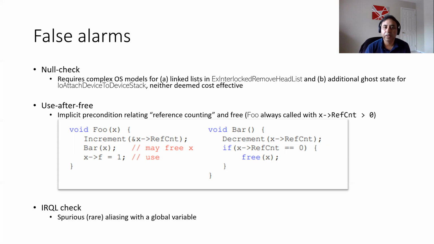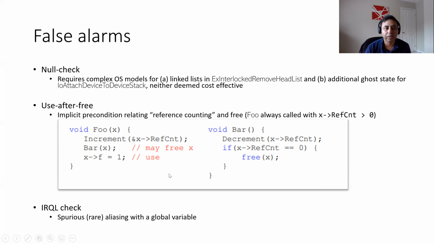So we did not feel it was cost effective because of the few examples that were flagged false alarm because of this. Cost effective yet, maybe the driver developers add them in the future. So those are the false alarms.